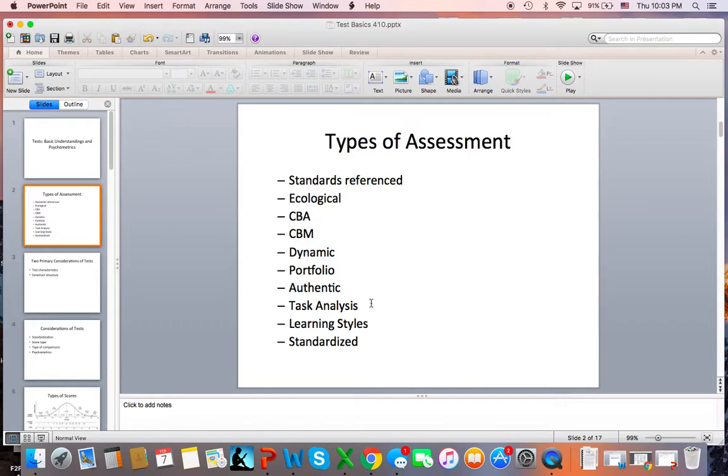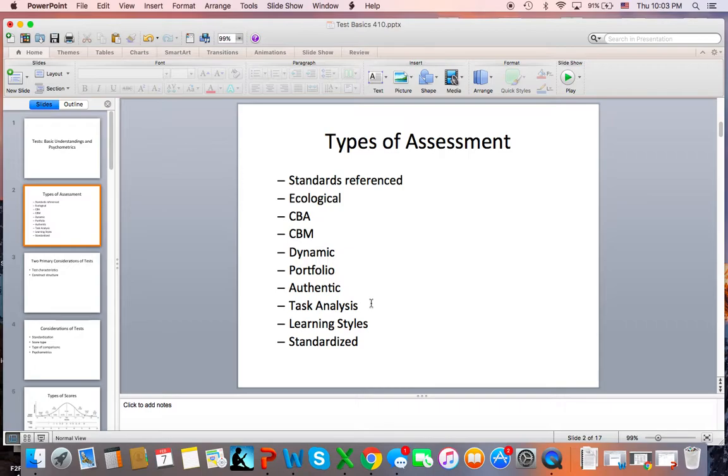Ecological assessment takes a look at the environments in which students exist. So for most school-age children, there are two primary environments in which they function: the home setting and the school setting. Oftentimes we don't do a lot of assessment that is based in the home, but for some of our younger students, like students in early childhood, that may be an option.